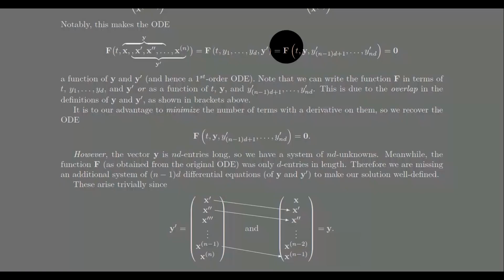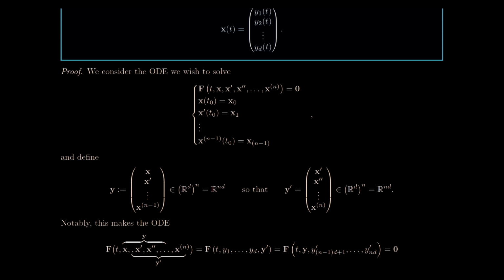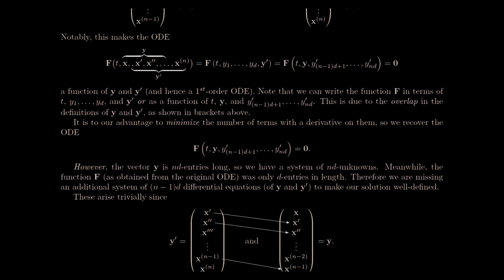Since f was d entries long, this is a system of d-dimensional ODEs, so f evolves in d dimensions. That means that this version of f that I've translated in terms of y also only evolves in d dimensions. And I have nd total unknowns.